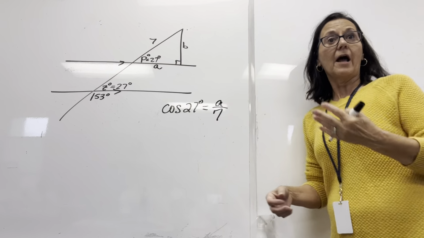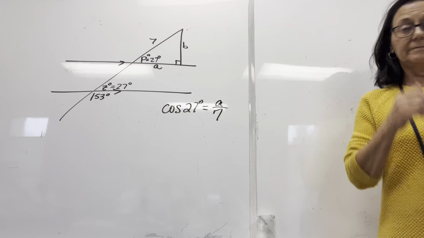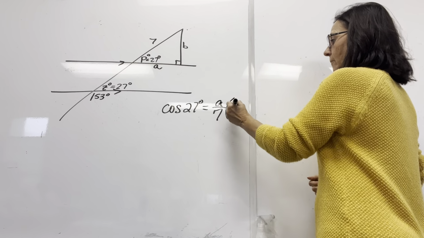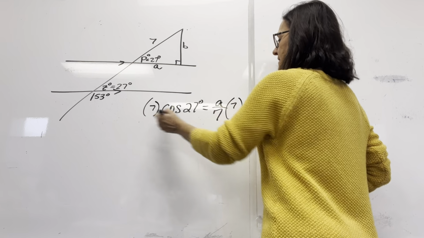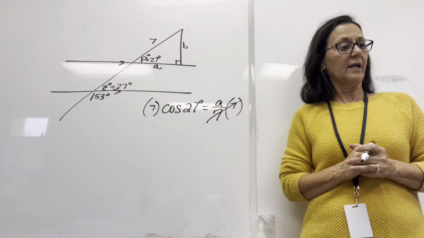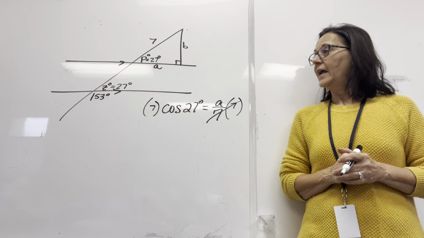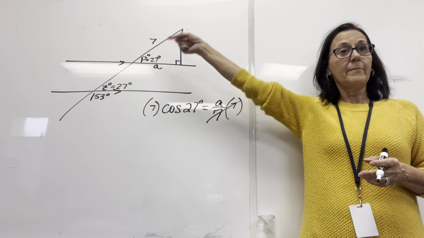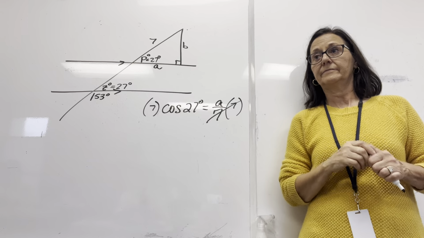When the number's in the denominator, that's when I'm multiplying. So I'm multiplying both sides by 7. You'll do that in your calculator: 7 times the cosine of 27. It better be less than 7 because the hypotenuse has to be the longest side.